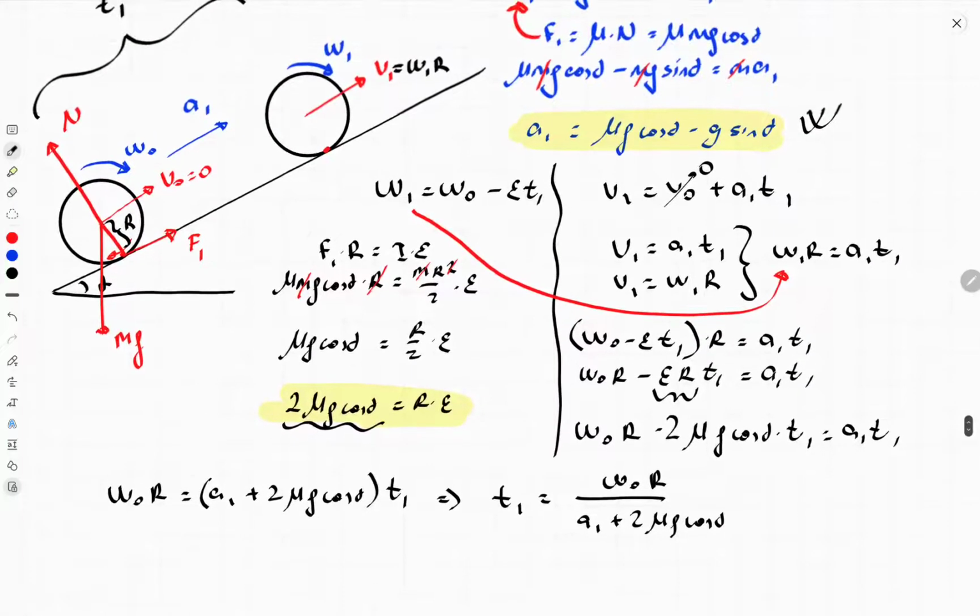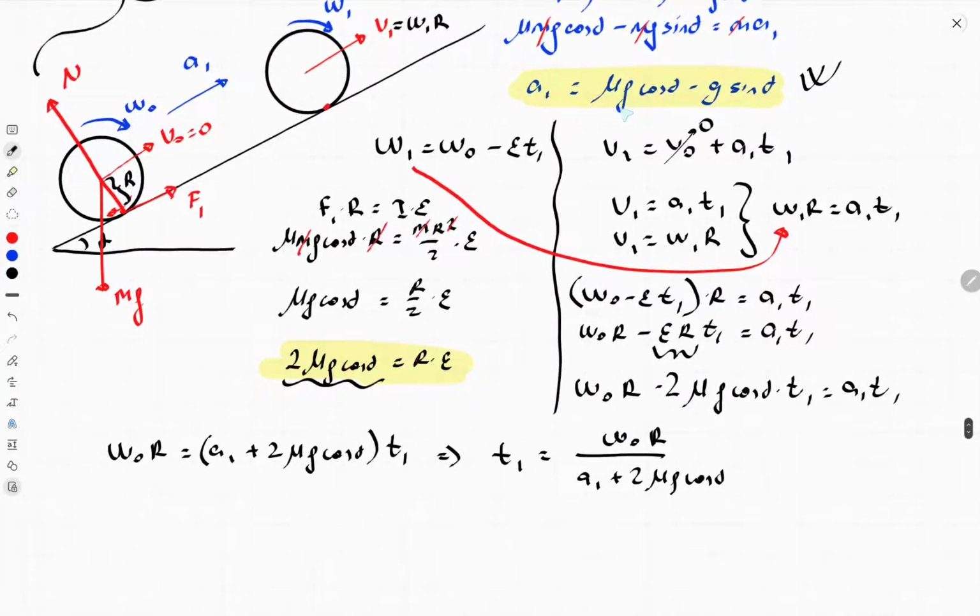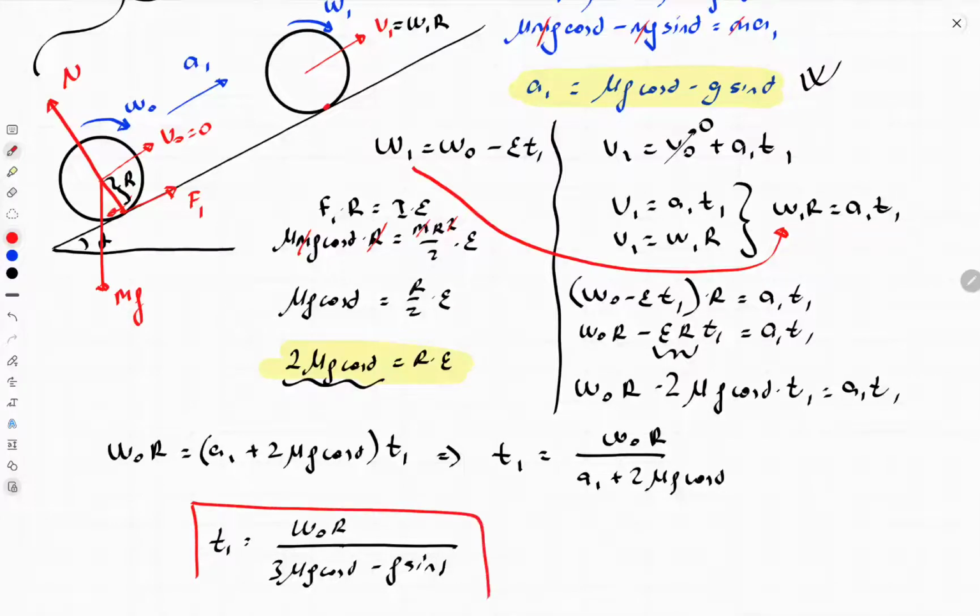Here a1 is mu g cosine alpha minus g sine alpha. Let me use it here immediately. t1 equal to omega 0 r over, so here mu g cosine, 2 mu g cosine, so it will be 3 mu g cosine alpha minus g sine alpha. So basically this is the time when the sliding process ends.